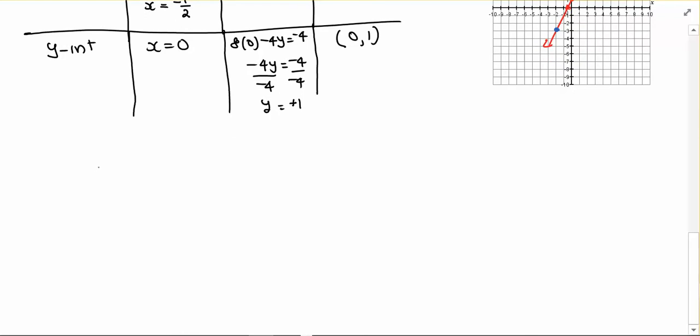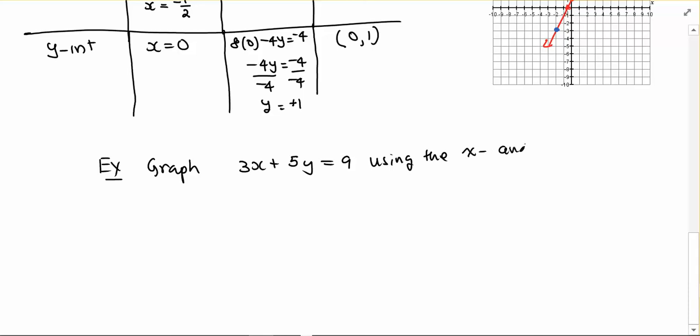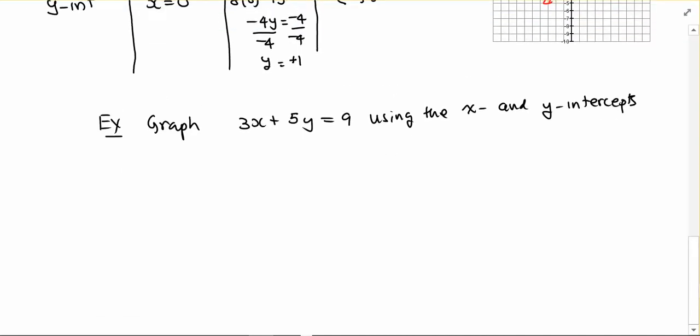So let's say example 2, graph 3x plus 5y equals 9 using the x and y intercepts.